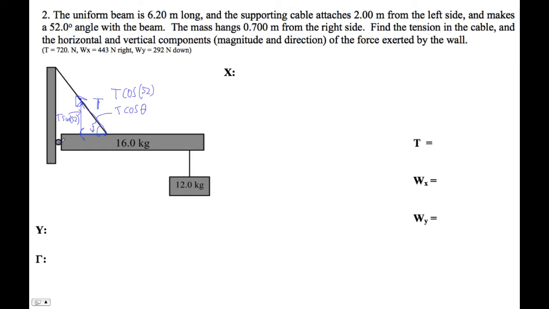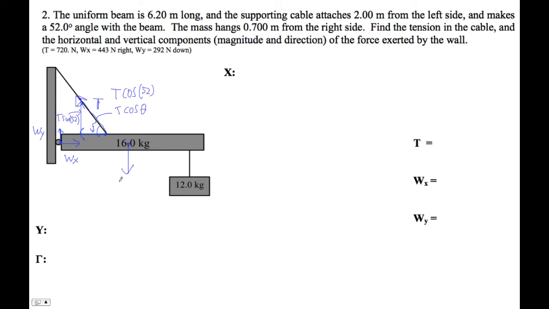And then we'll guess that the wall is in the y direction here. So we've got wall in the y direction, and then we've got wall pushing in the x direction, right? Okay. Then we've got the weight of the beam.